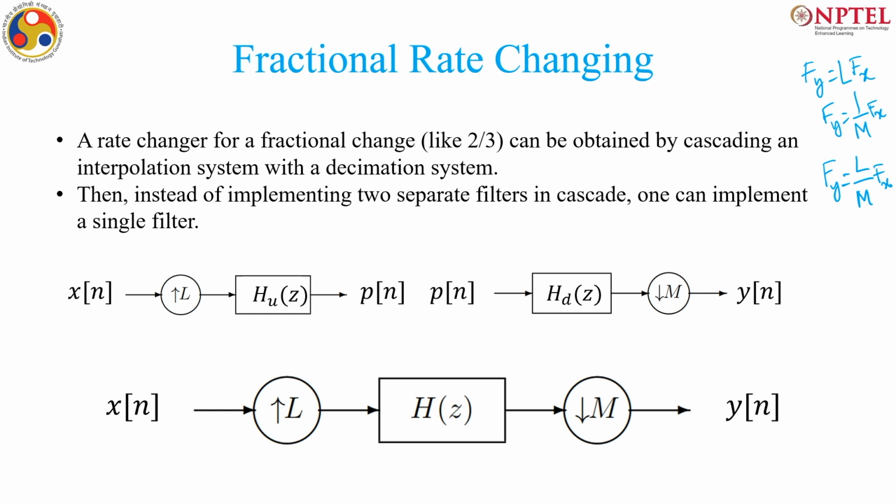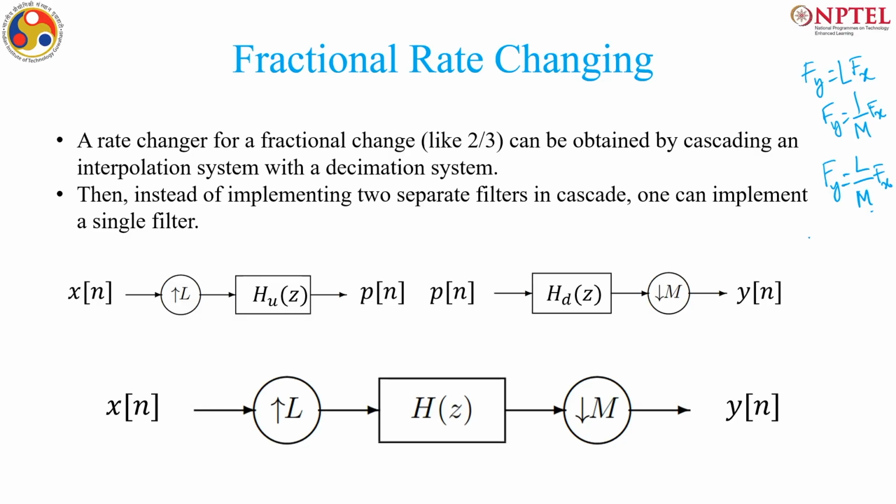We can first do an interpolation by L and then a decimation by M, or we can do a decimation by M and then interpolation by L. I request you to pause for some time and think which is a better strategy. Clearly, if I do the interpolation first and then decimation, this is a better strategy.